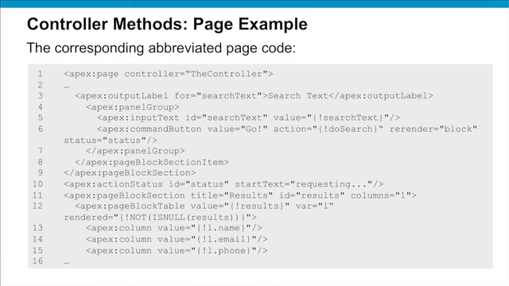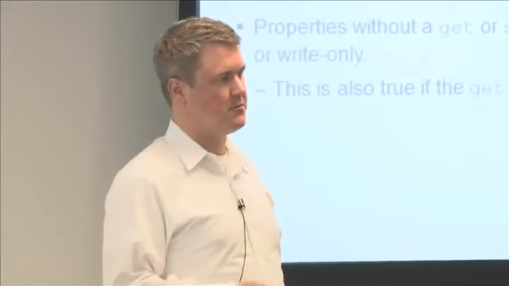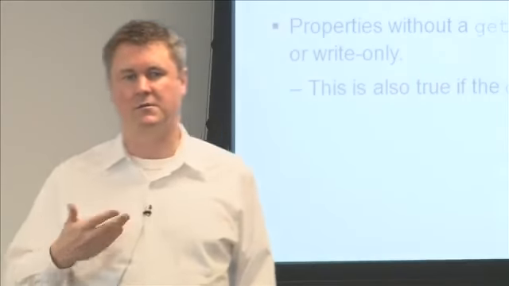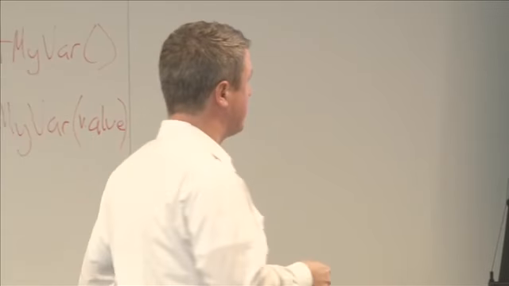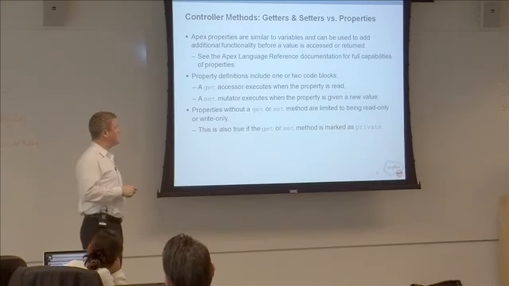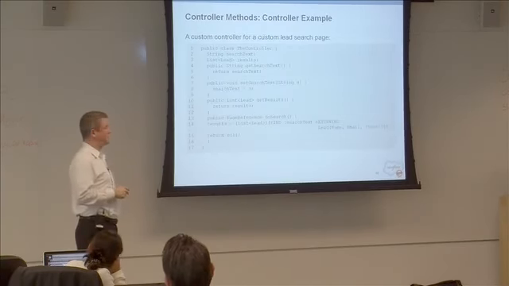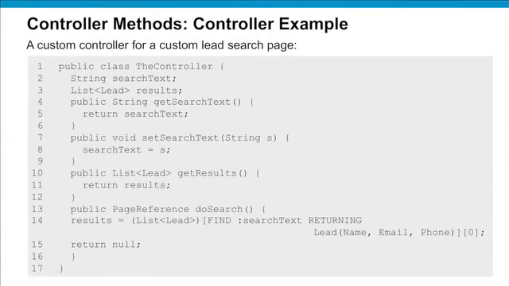What we just showed you in our Apex class was encapsulation. We had our protected private variables, and we had getters and setters in order to access those. If we wanted to, we could embed other logic within those to do other things. Now, you'll notice that it took a lot of code to declare a variable like search text, to write the getter, and then to write the setter.